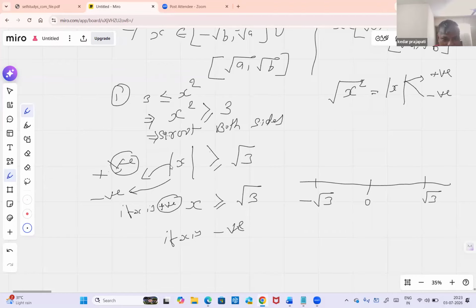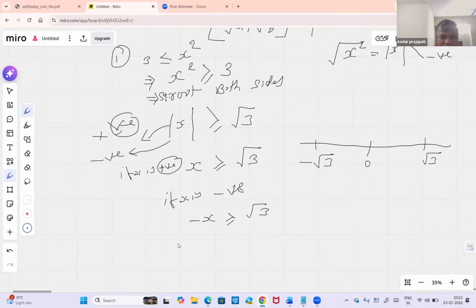So now I'm opening this. It means minus x is greater than root 3. Right? But I don't want minus x, I want x. Now if you change the sign of x, you have to multiply with this, which means x is less than or equal to minus root 3.